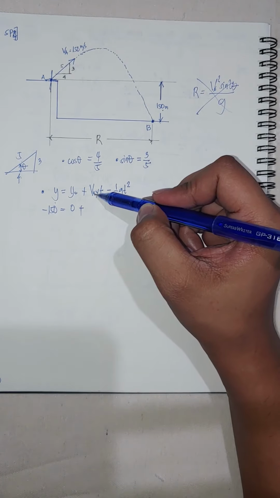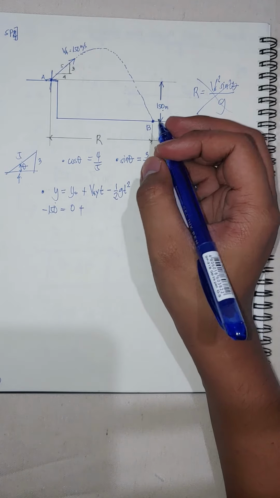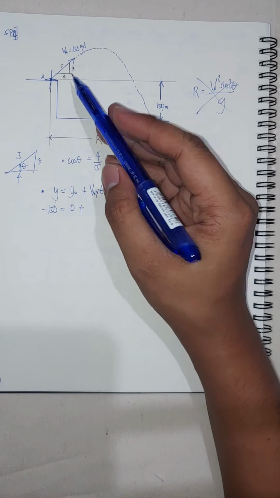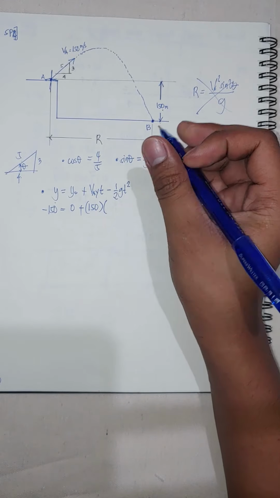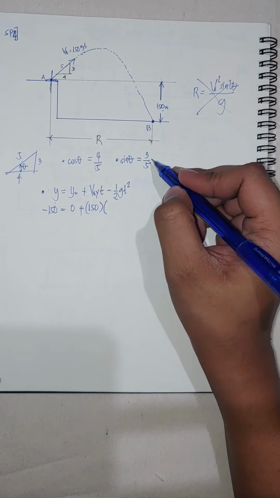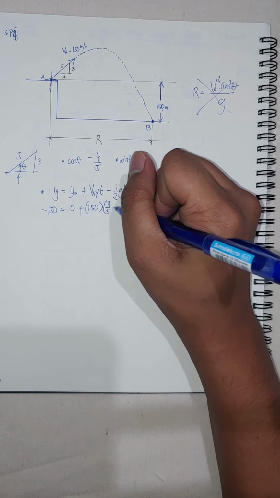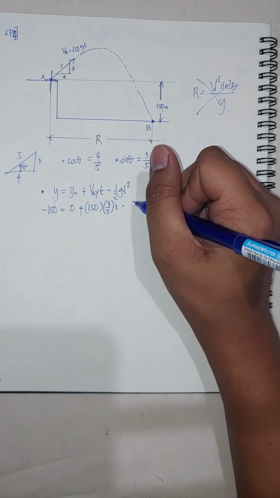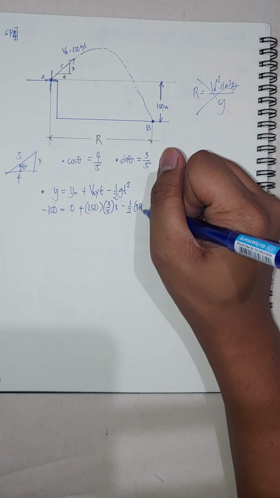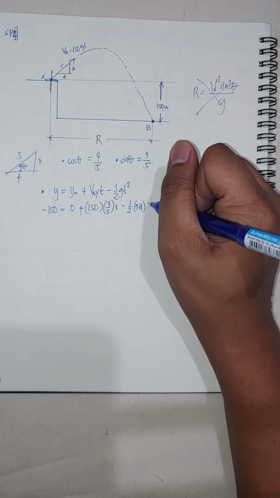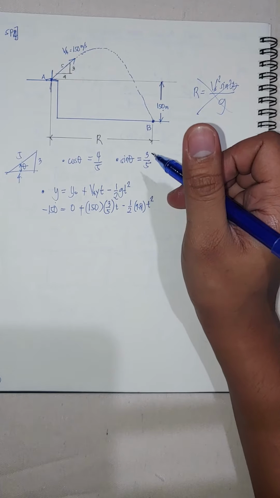And then the vertical component of the initial velocity is 150 meters per second times sine theta, which is 3 over 5, times the time, minus half of the gravity, 9.81 meters per second squared, times the square of the time.